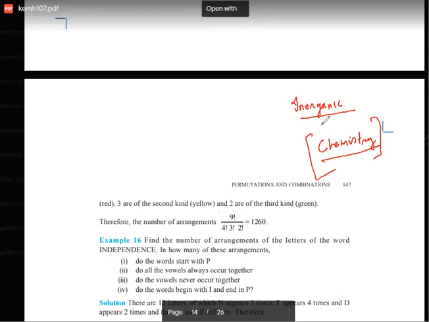How many of you think chemistry is boring? Two people. Why do we feel any subject is boring? Because we don't know what happens. We just know some equations, some theory, mug it up and write it in the exam. That's why it becomes boring.